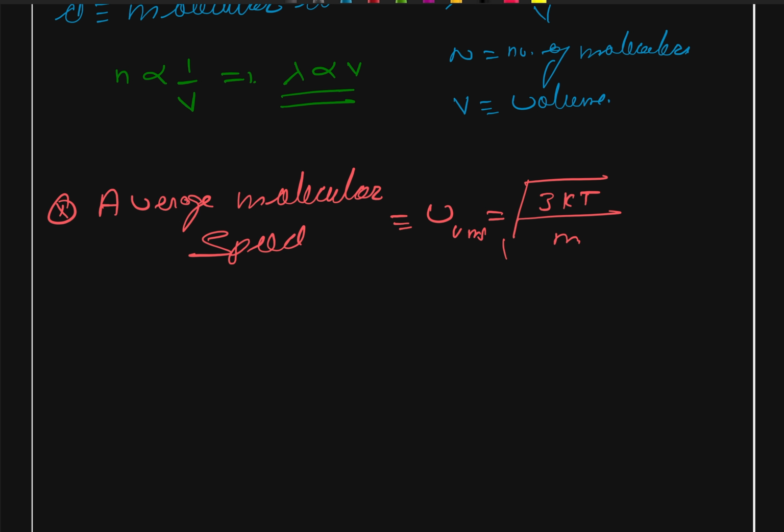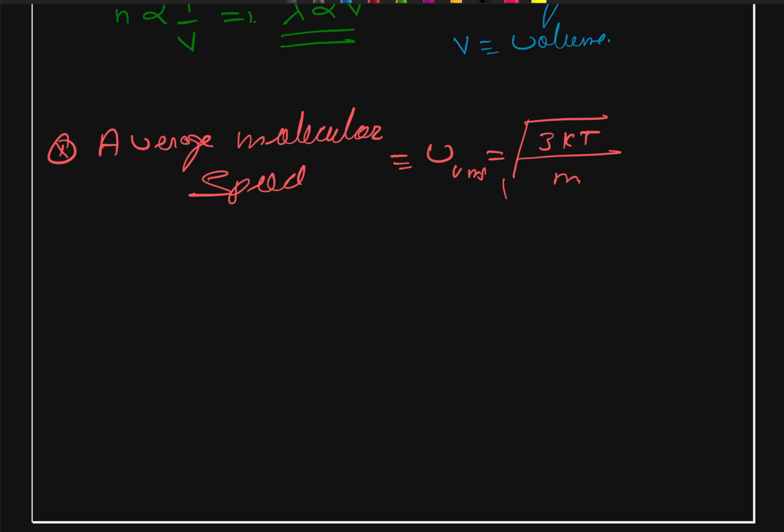So from here we also know that our V average is proportional to our VRMS, which is proportional to our square root of temperature. Therefore, we can say that our tau, which is our lambda upon V, will be proportional to volume upon square root of temperature.